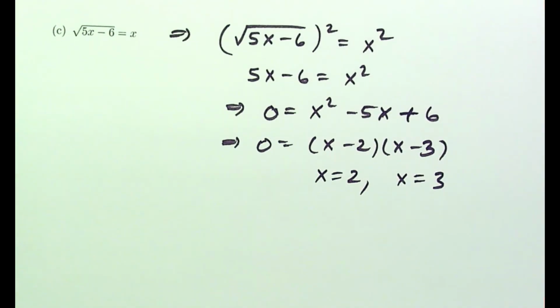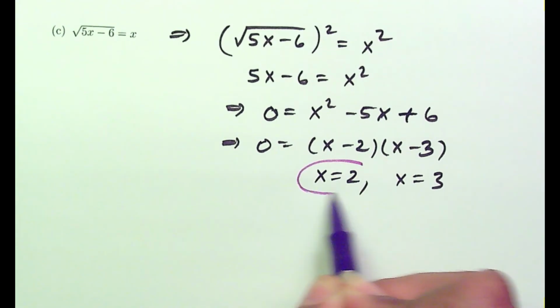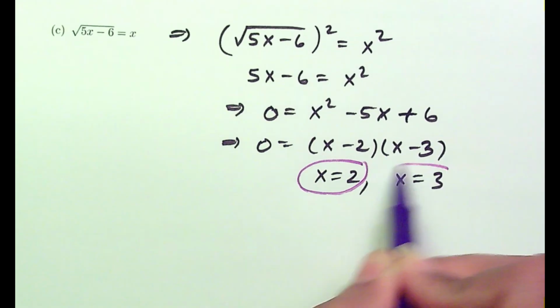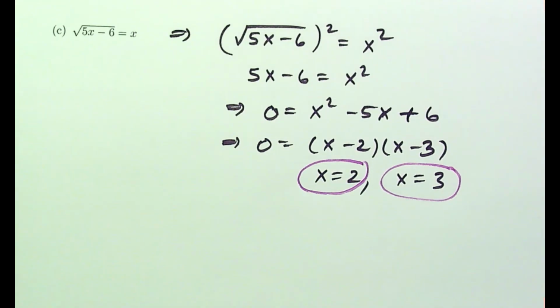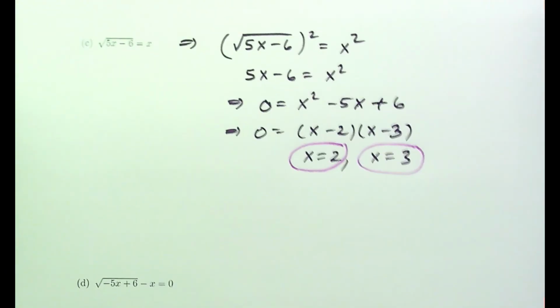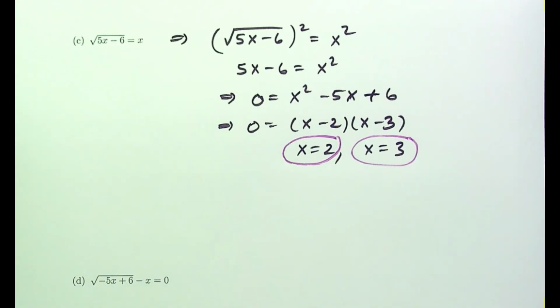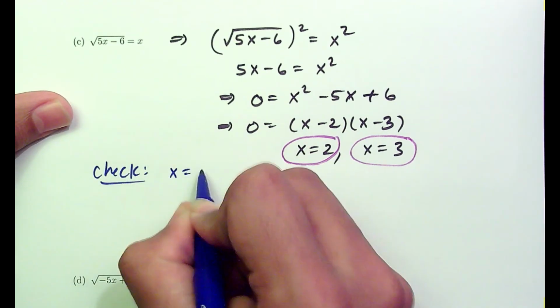So we have two potential solutions. We have to check both because we don't know whether any of them works, both work, or none of them. Let's first check x equals 2.